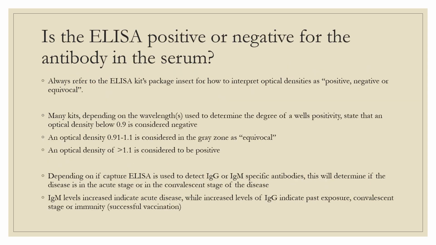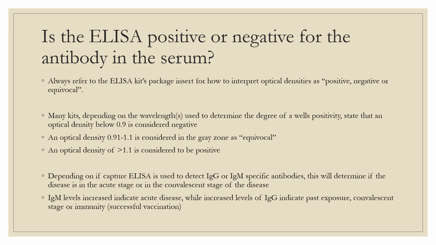Anytime you're doing an ELISA procedure, you always want to pay close attention to the package insert on how to interpret optical densities as either positive, negative, or equivocal. Equivocal basically means that our result is in the gray zone and we can't really determine if the well is positive or negative. Many kits use a value of 0.9 for the optical density and less to be considered negative.